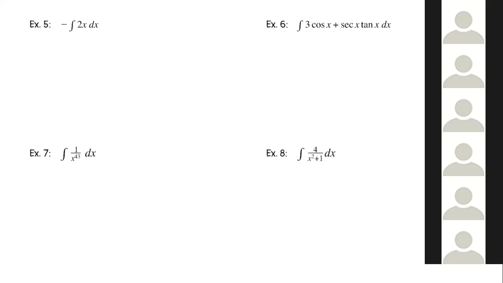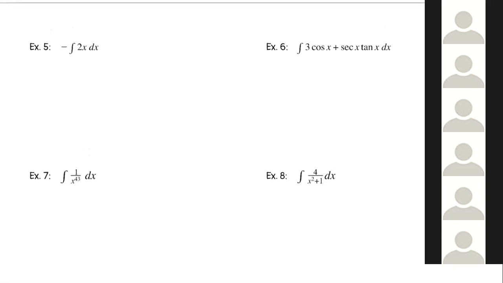All right, so let's take a look at example number 5, okay? So for example number 5 here, we can use that constant multiple rule, that 2, we can bump right out to the outside, and we'll get -2 the integral of x to the first power dx, okay? We can plug that into our power rule.